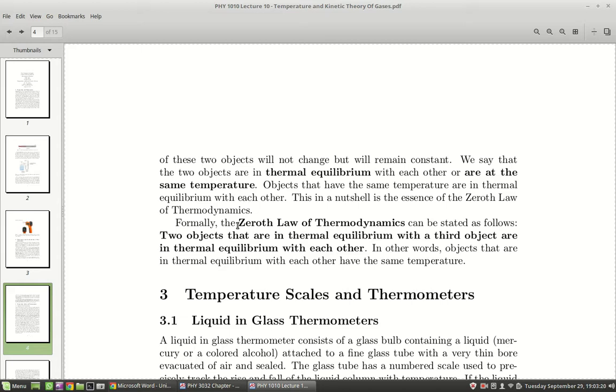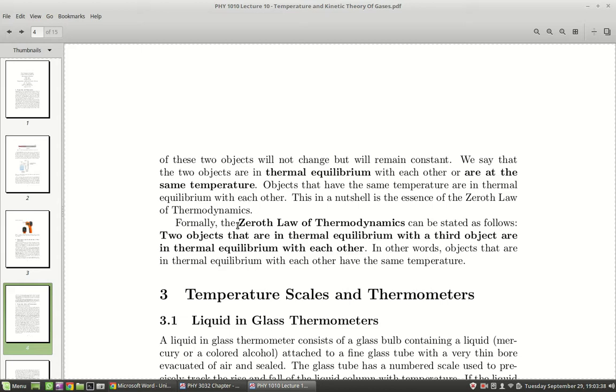So, if you use a thermometer to measure the temperature of one object, you only get that temperature after the column of liquid in the thermometer has stopped changing, and then you know that thermal equilibrium has been achieved.